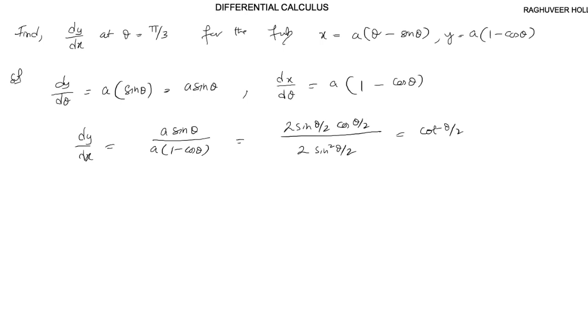This is cot theta by 2. Now at theta equal to pi by 3, dy by dx becomes cot pi by 6, which is root 3.